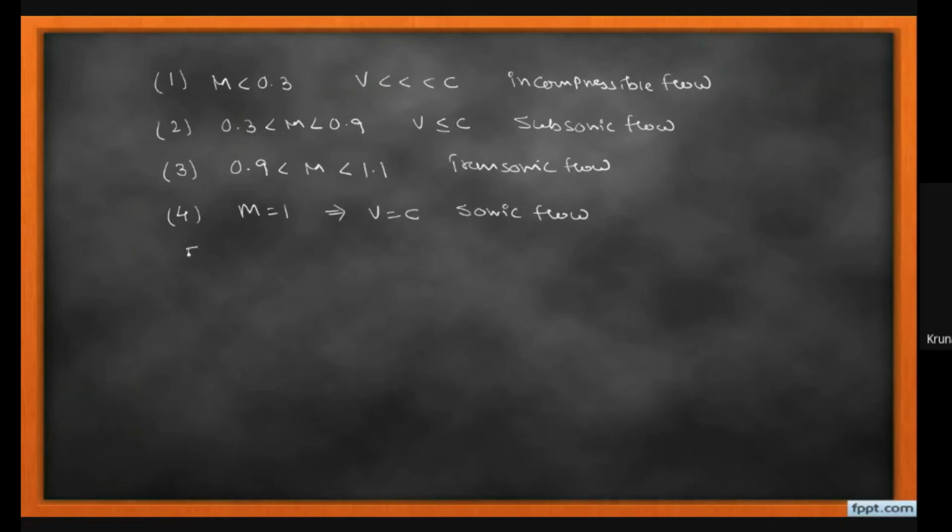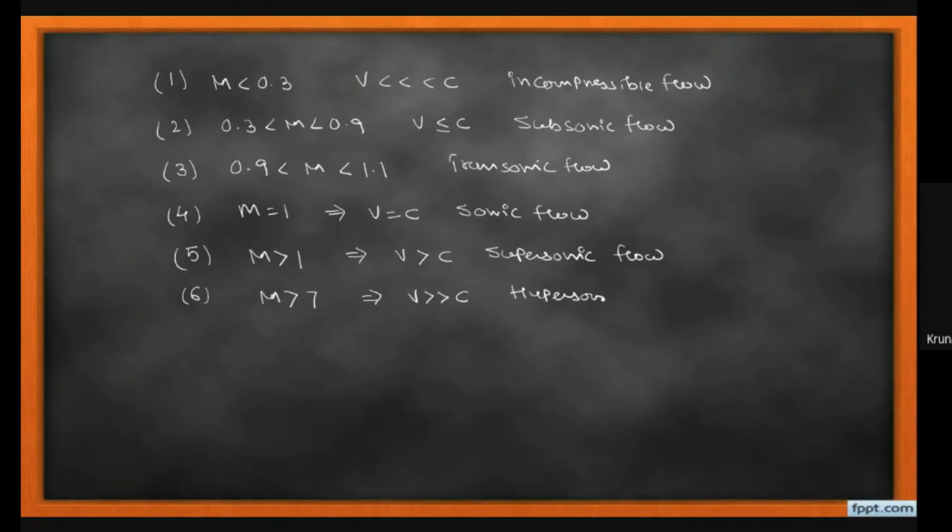The fifth one is where the Mach number is greater than 1, which indicates that the velocity of the object is greater than the velocity of sound, and that is called supersonic. And the last one is when the Mach number is greater than 5, meaning the velocity of the object is very high compared to the velocity of sound. That kind of flow is called hypersonic flow. So these are the examples of different flow regimes for compressible flow.